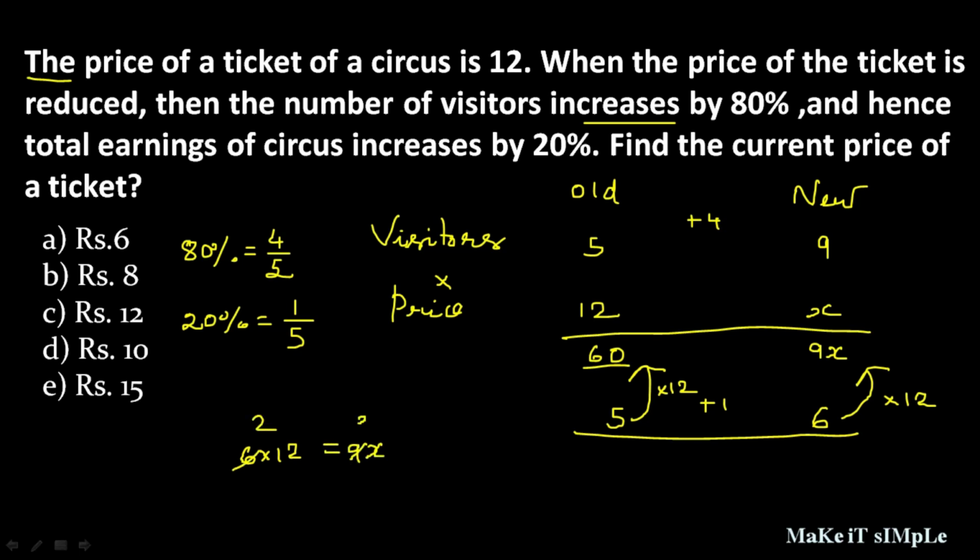So 2, 3, then 3 and 12, 4. So this x is nothing but 8, that is from 12 the price is reducing to 8. So the answer is 8. I think this method is very simple and you might have understood it.